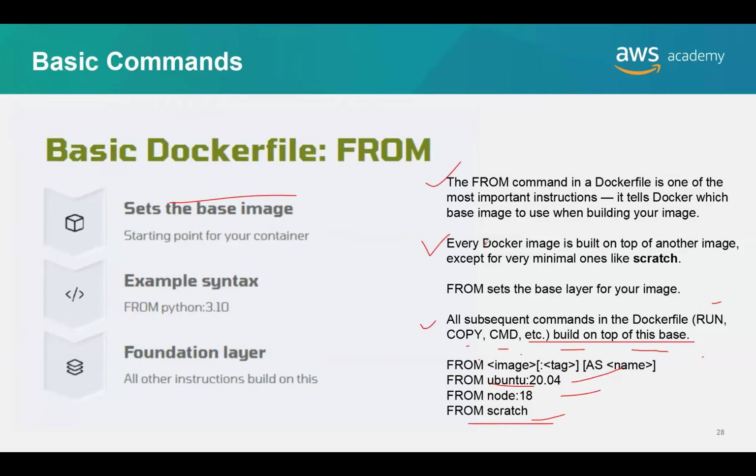So you can see every Docker image is built on another Docker image, except for very minimal ones like scratch. Scratch means you have to start from the beginning. So you see here we have launched Python, here we have launched Ubuntu and Node.js. The RUN command, COPY command, etc. will be built on top of this.